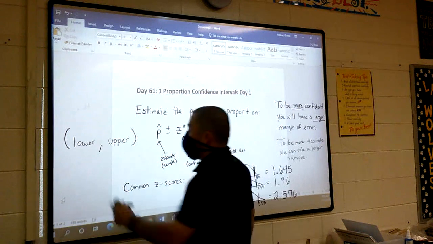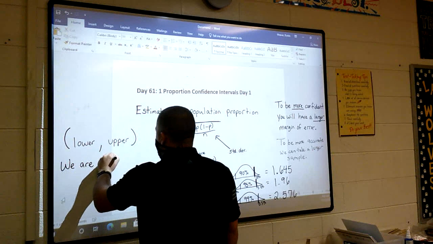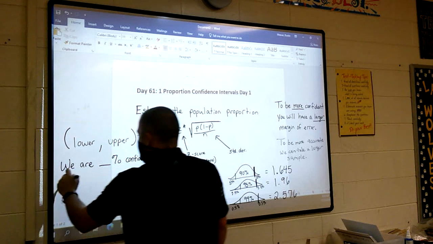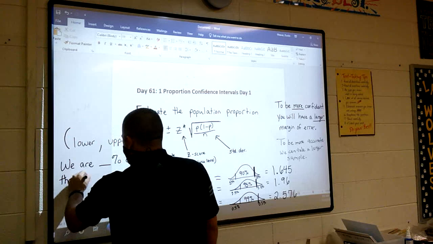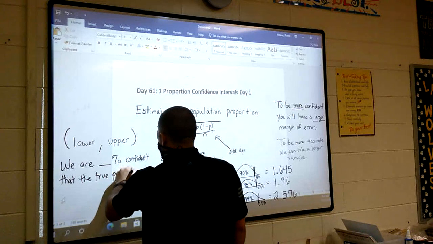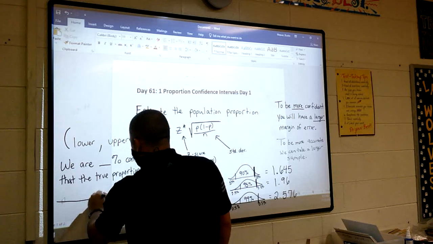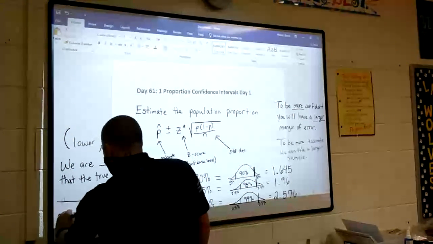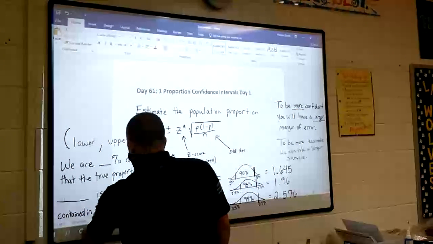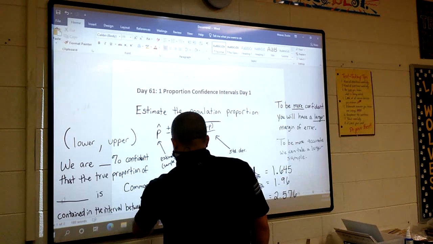Our conclusion is going to be, and it's going to be the same one every time, we are blank % confident that the true proportion of blank is contained in the interval between blank and blank.